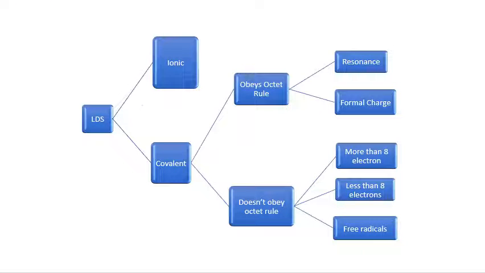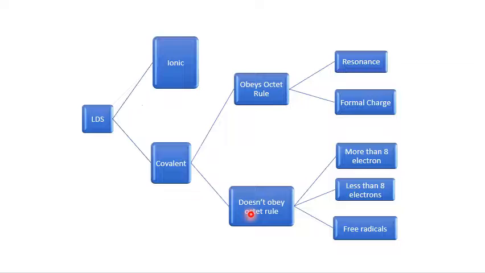So far we have discussed the Lewis dot structure, how to represent ionic compounds using Lewis symbols, and how to draw Lewis structures for covalent compounds that obey the octet rule and that don't obey the octet rule.